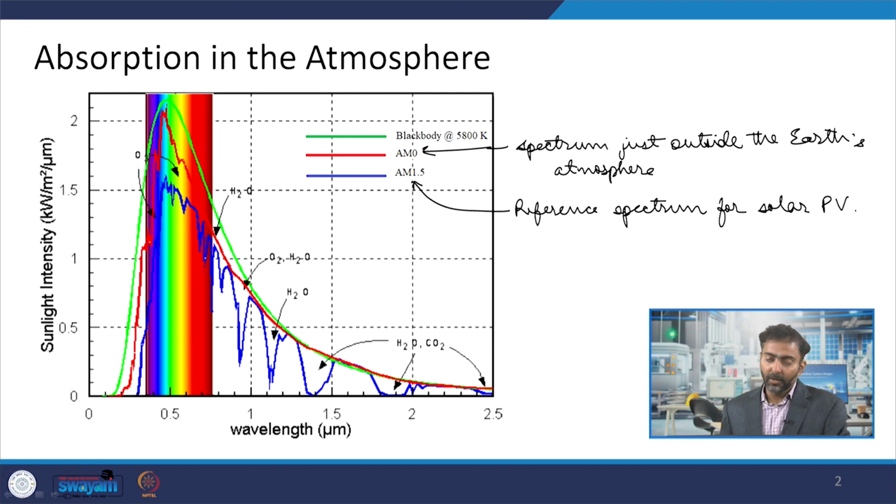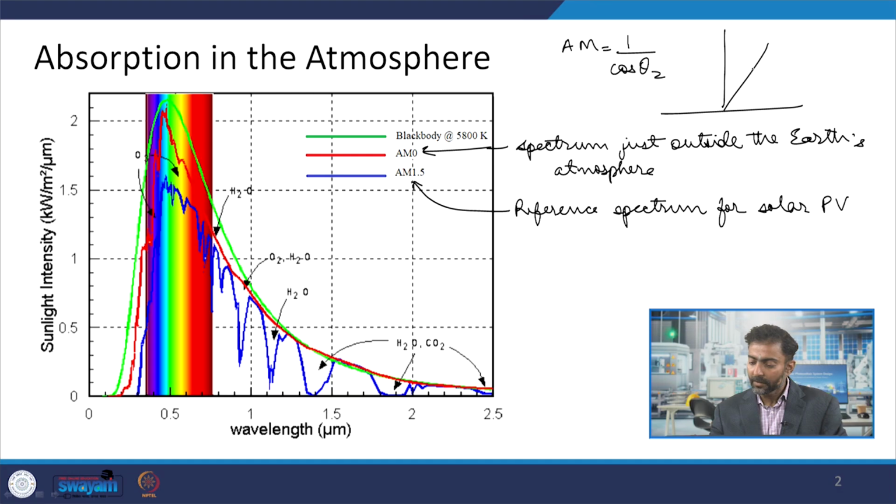If you do a little bit of back calculation, in the last class we looked at that air mass is nothing but 1 by cos theta z, where cos theta z is the cosine of the zenith angle, and theta z represents this particular zenith angle. So if we have radiation coming at a particular angle from the vertical, this angle is theta z.